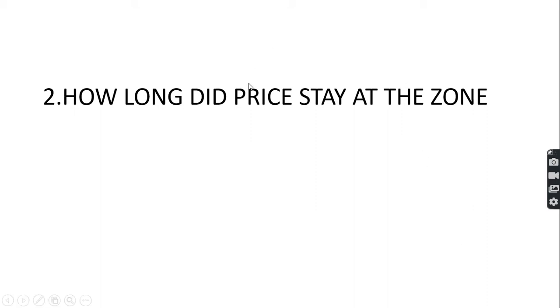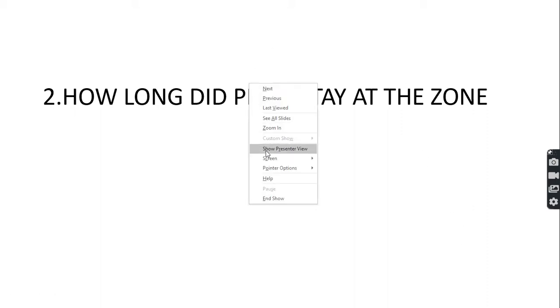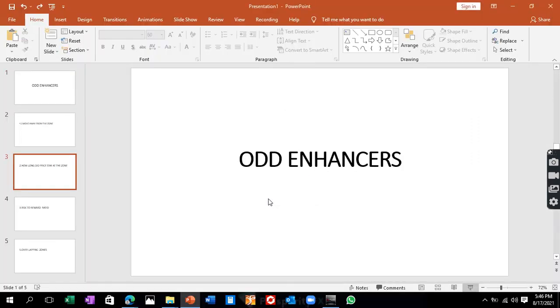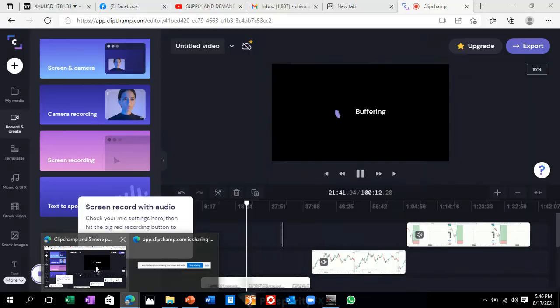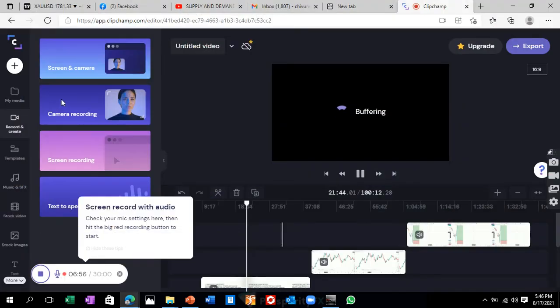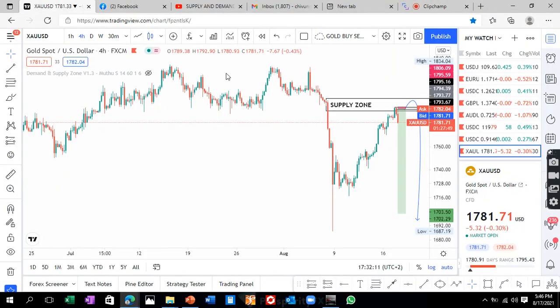So let's head back to some charts so that I show you what I mean by trading the right zones. Let me show you some of the trades that I took and I'm still taking right now. So let's look at gold.